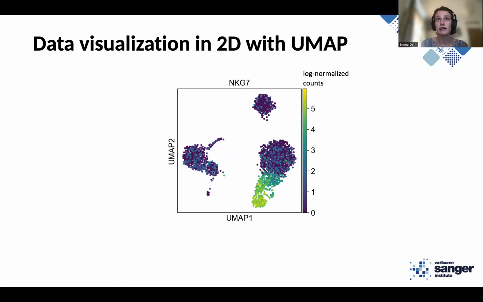Even without any clustering or complicated analysis, we can already tell from the 2D UMAP visualization and plotting the expression of this gene that we probably have NK cells here, and how many they are. So I think UMAPs get a bad rep, but they're actually very useful for exploratory analysis of your data.